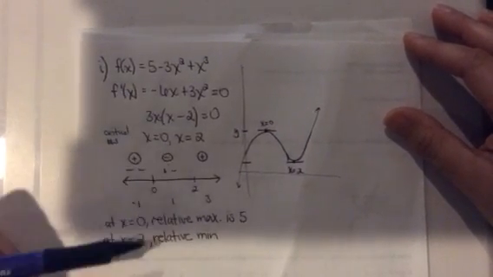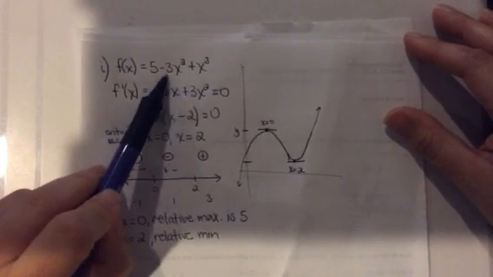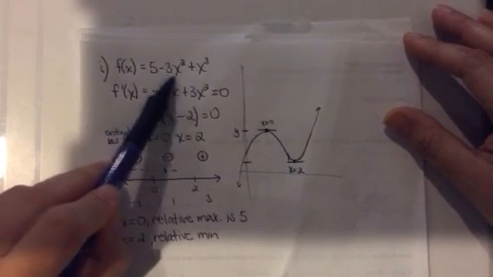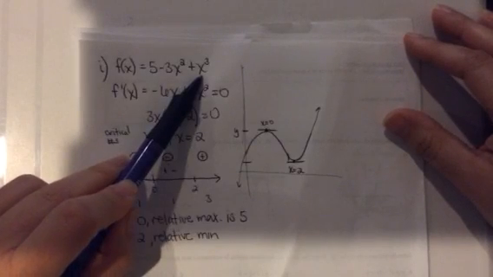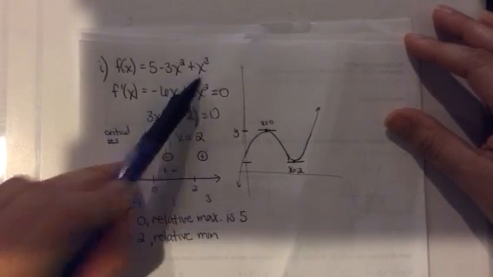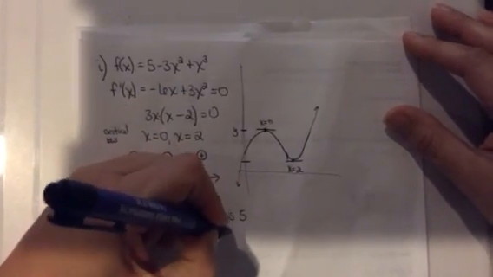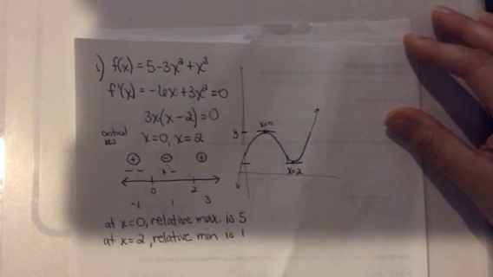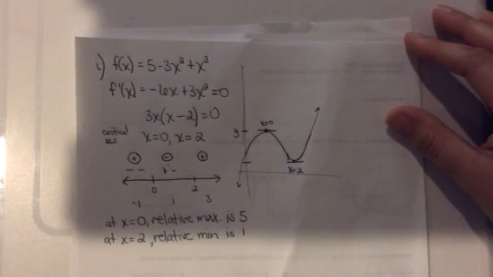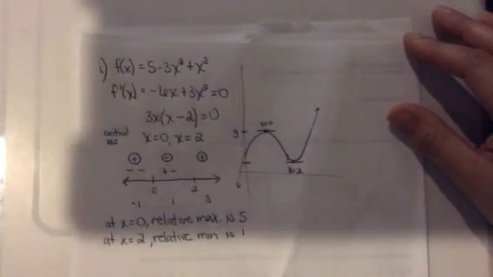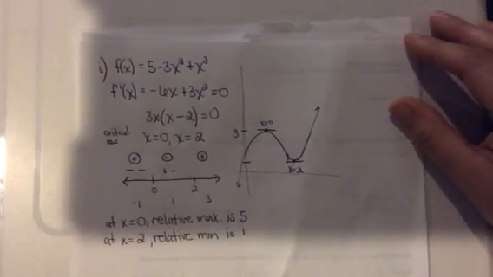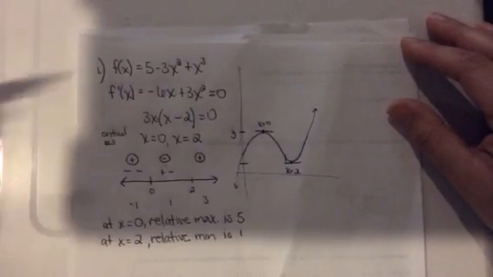What is this going to be? 2 squared is 4, minus 12, so 5 minus 12 is negative 7, plus 8, so 1. So 1. Aside from the fact that this isn't x equals 0, so the y-axis would be right there, that could be a decent sketch: this would be a 5 and this would be a 1.